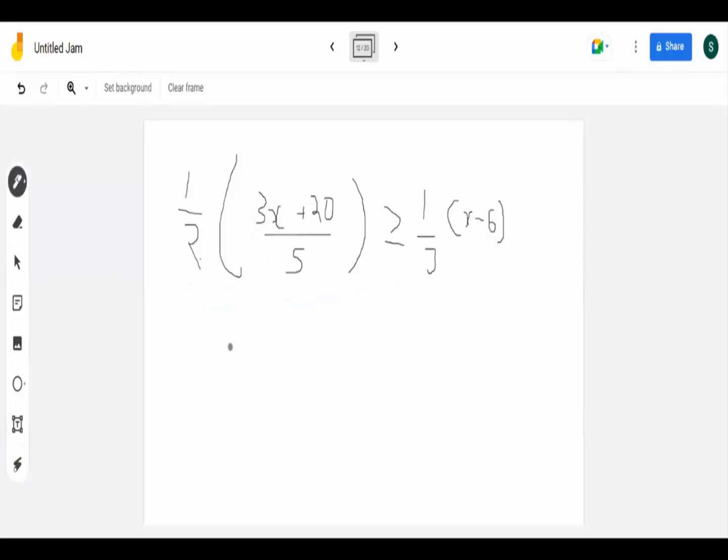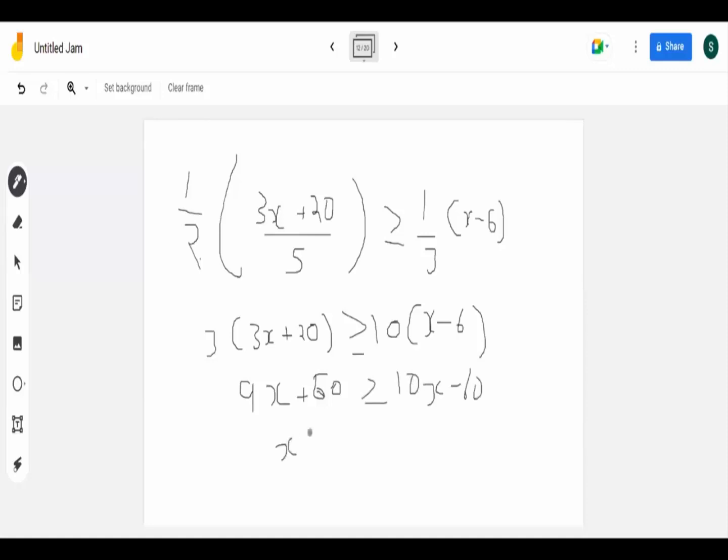If we do that, we get 3 times 3x plus 20 is greater than or equal to 10 times x minus 6. 9x plus 60 is greater than or equal to 10x minus 60. X is less than or equal to 120. So we got our x less than or equal to 120. So again, this is minus infinite to 120, including 120.